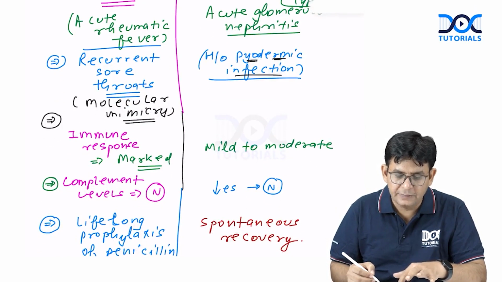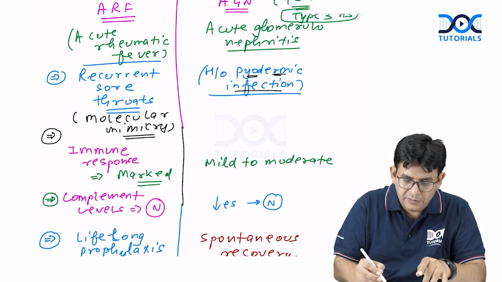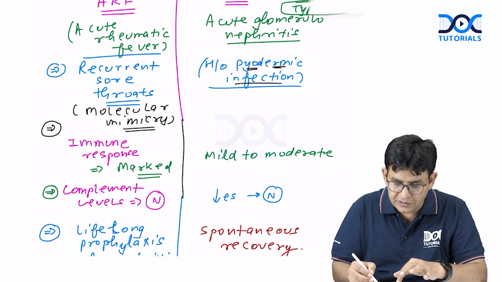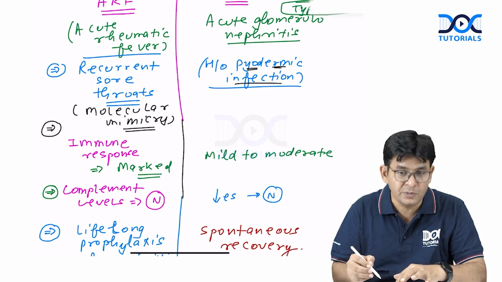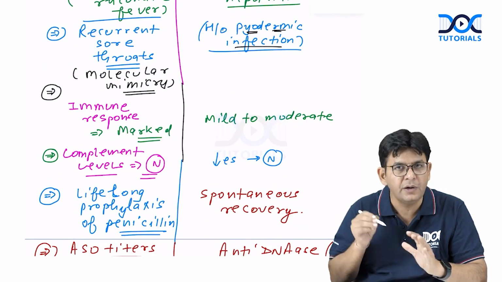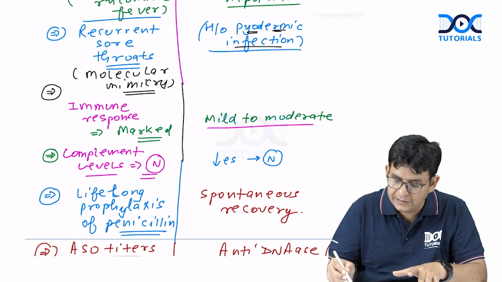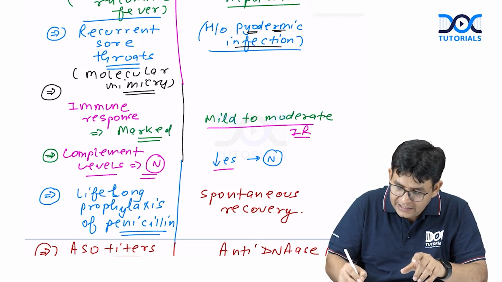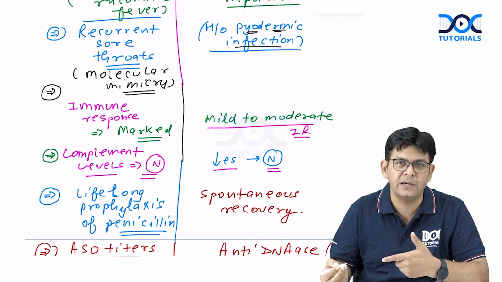Again, if we see this table, there is a history of recurrent sore throats in ARF, and in AGN a history of epidemic infections. The immune response is marked here, but the complement levels remain normal. Whereas in GN, a mild to moderate immune response is there, but the complements decrease for some time and then come back to normal.